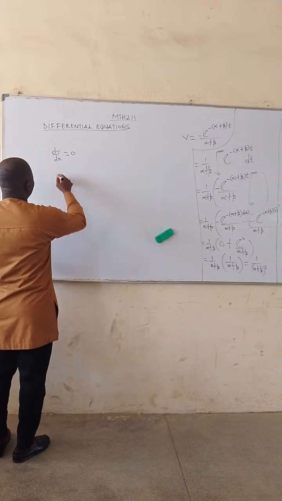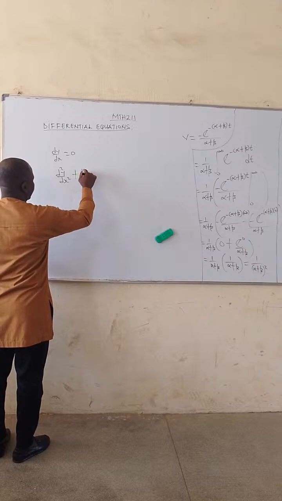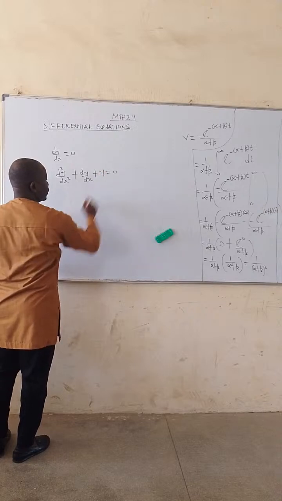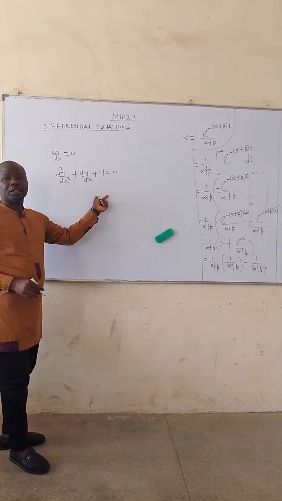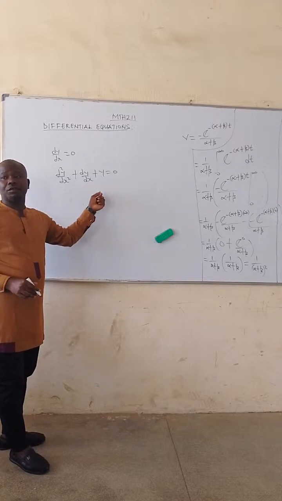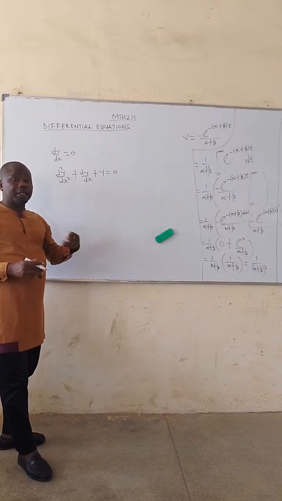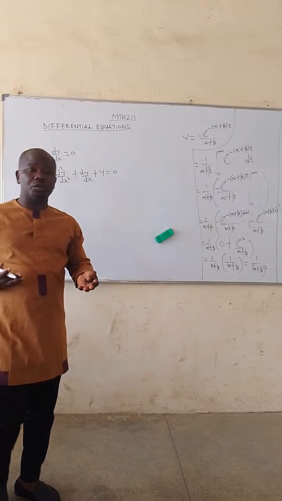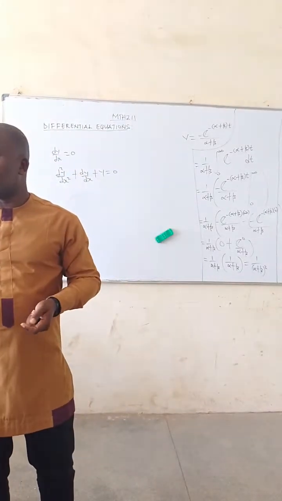Then I also mentioned that if we have d squared y over dx squared plus dy over dx plus y equals 0, this is the second order ordinary differential equation, true or false? Then we were taught how to classify them into degree and order.